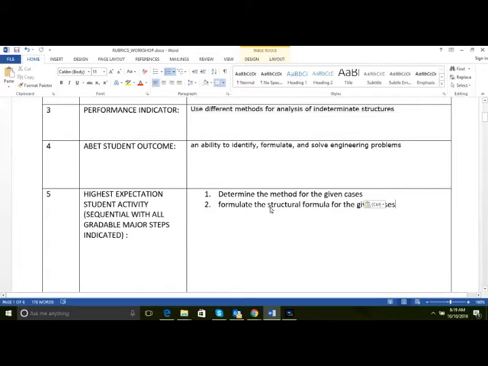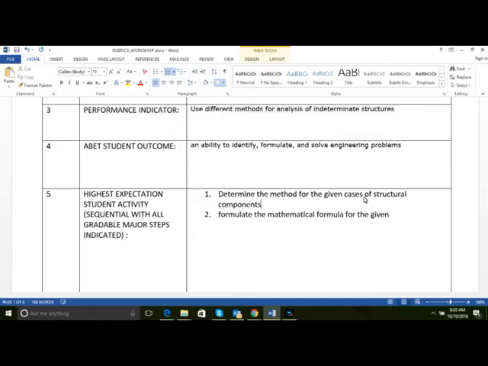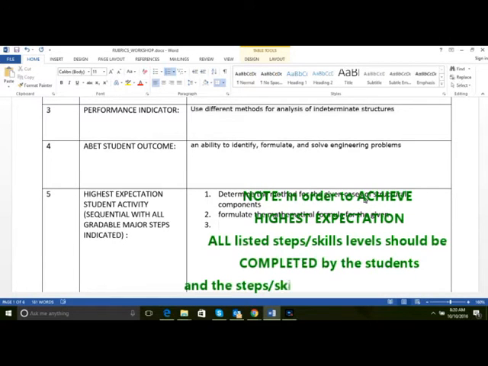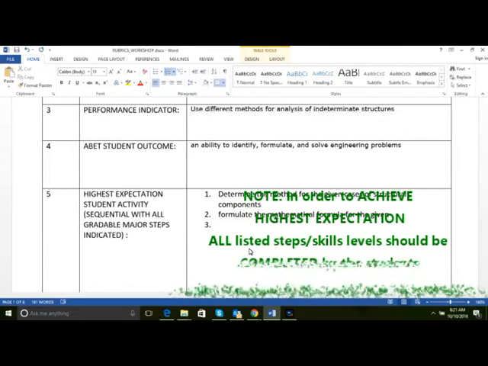We shall continue with these iterations to improve language of the required activity with highest expectations until we finally arrive at the desired steps that students actually take to reflect their highest performances. A critical thing to note: in order to achieve highest expectation, all listed steps and skills levels should be completed by the students. These skills and steps should not be optional.